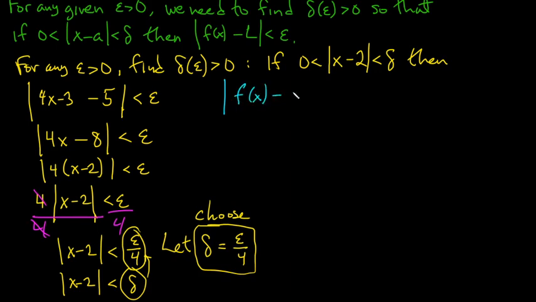This is what we need to guarantee, right? That f of x minus L in absolute value is less than epsilon. Well, our f of x in this case was 4x minus 3, right? And we know that L is 5. So this is the 4x minus 8 is less than epsilon.